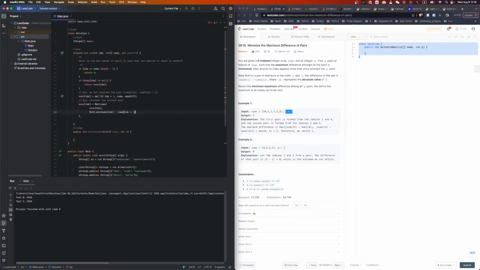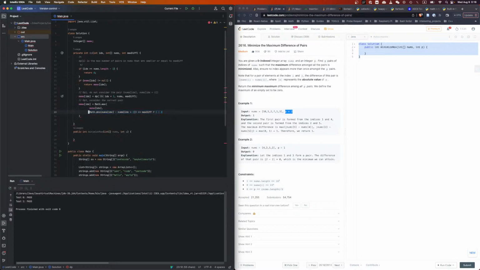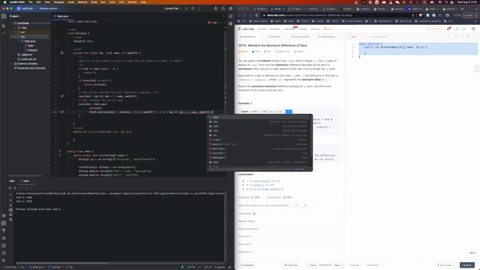Yes. So this, if it's smaller or equal to max diff, okay, then we'll add 1, right? Otherwise it's going to be 0. So this whole thing plus dp[index + 2], nums, max diff, right?